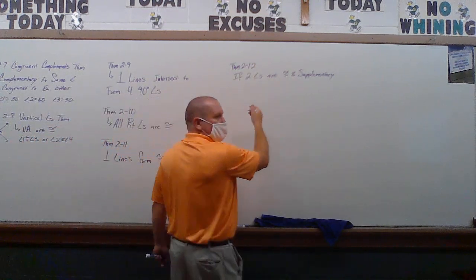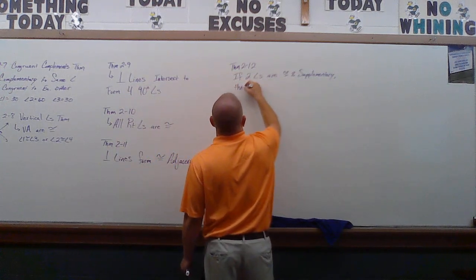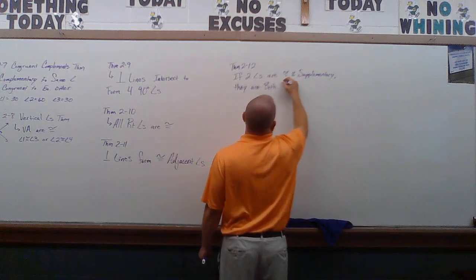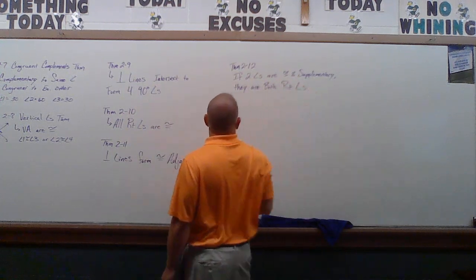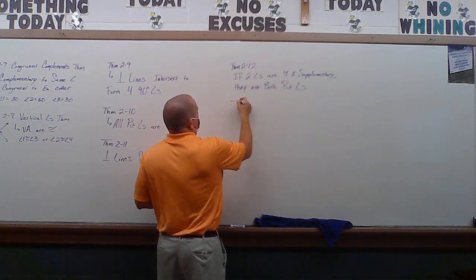Perfect. See, I told you, you guys are on fire. They are both right angles. There's no possible way that I could have congruent supplementary angles that wouldn't be 90 degrees, right? Cannot be.